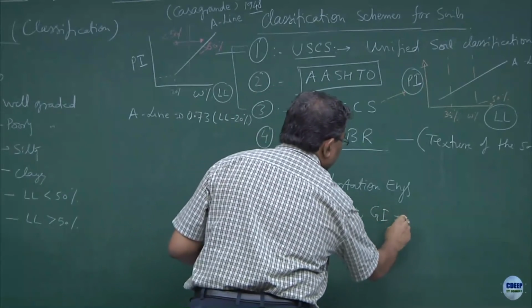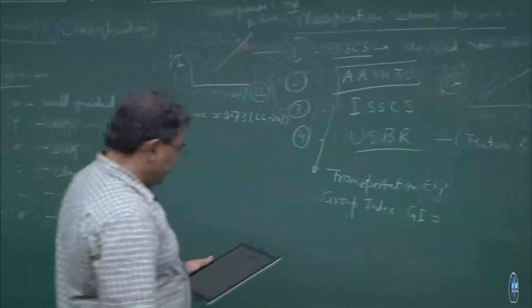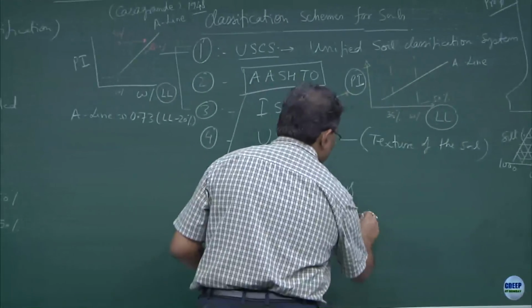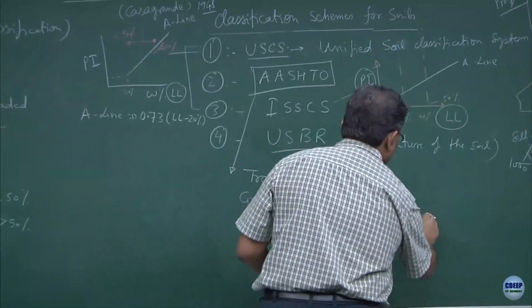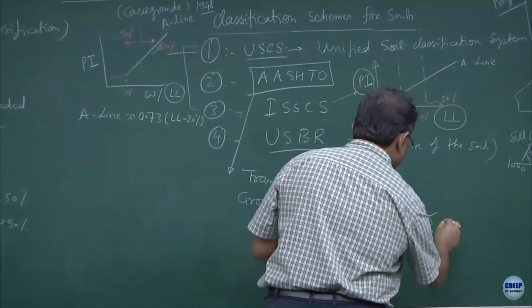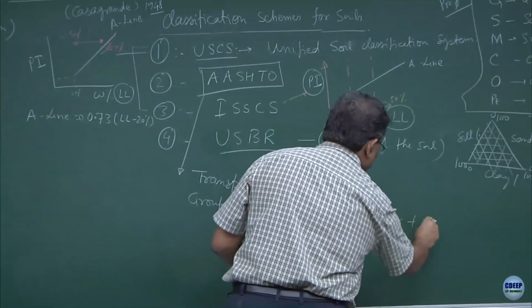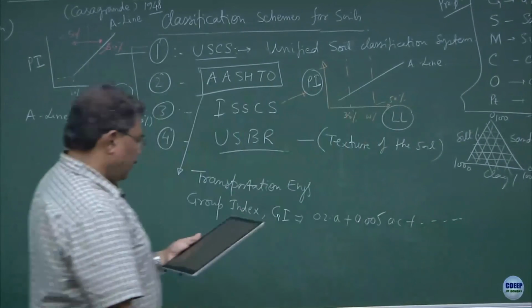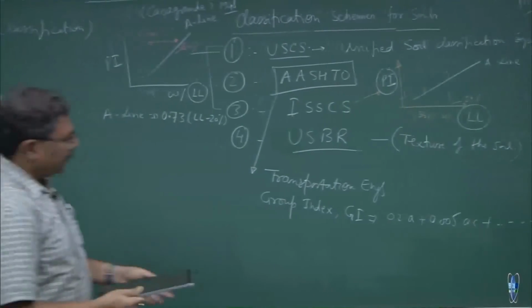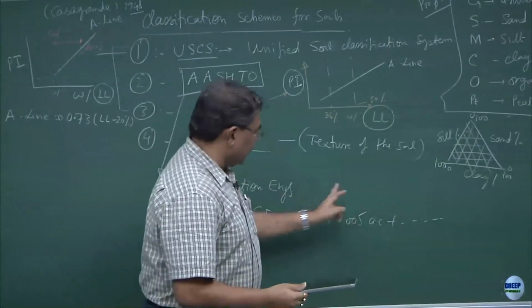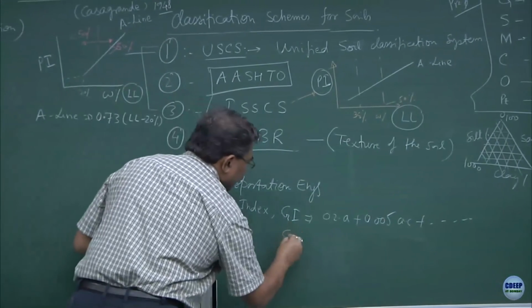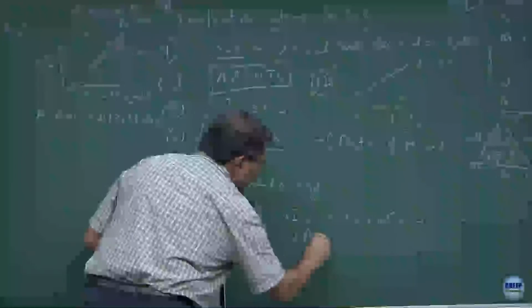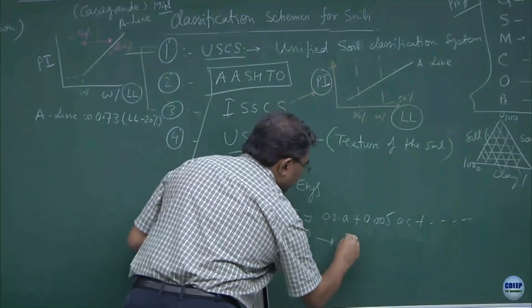Define it as GI, and GI will be equal to some parameters multiplied by some coefficients. Do not try to remember all this, plus so on, where these parameters correspond to different states of the material, all right. So, the thumb rule is if GI is very high, it is not a good construction material.